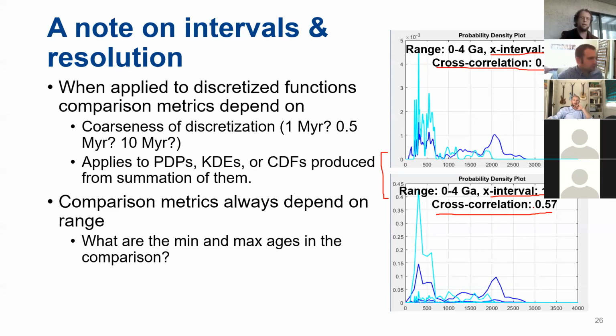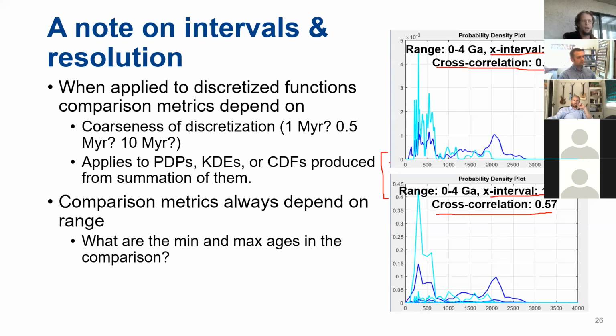And so again, treating your data in a consistent way is essential to coming up with accurate interpretations. In my experience, if you're looking at fairly broad age ranges, on the order of probably greater than, let's say, 500 million years, so you're going from 0 to 500 or 500 to 1,000, anything bigger than that, a million-year discretization is probably fine.